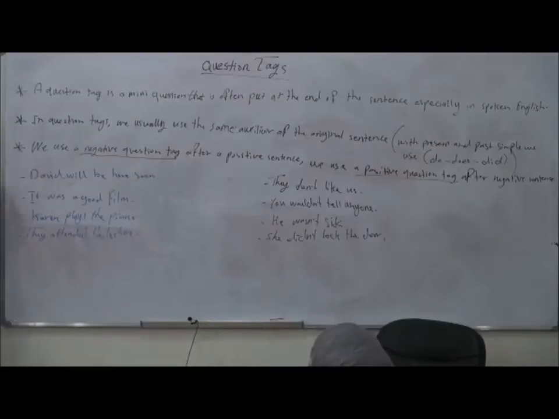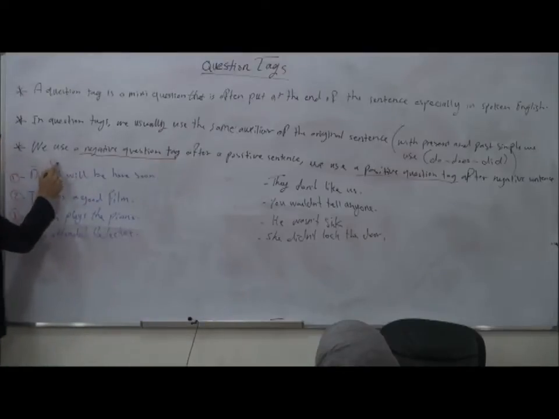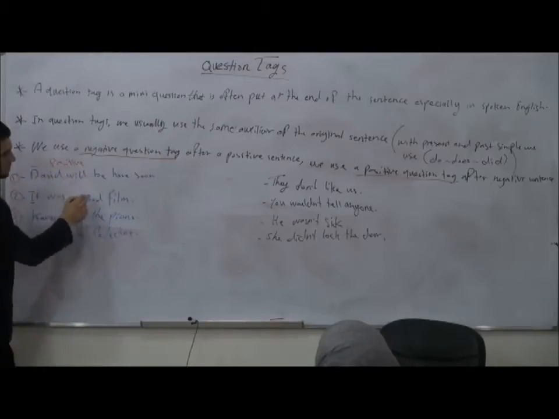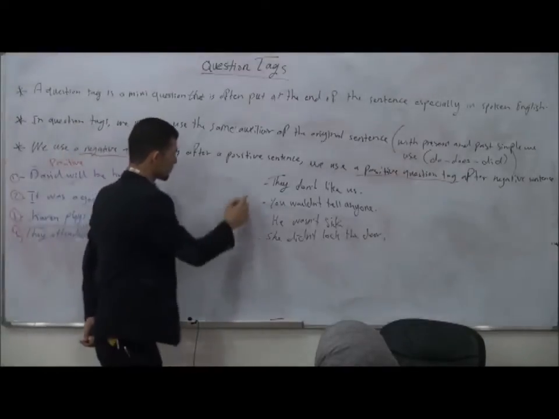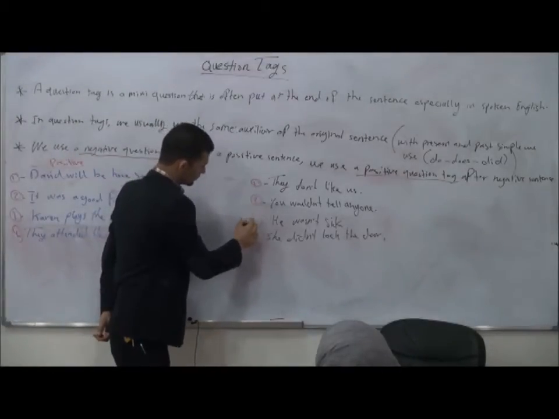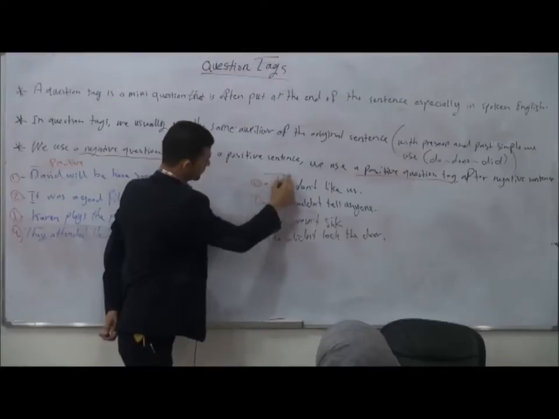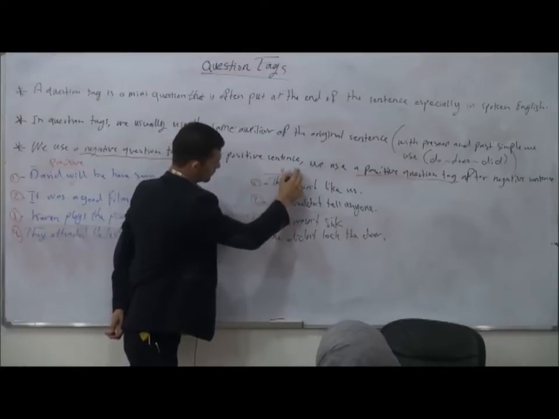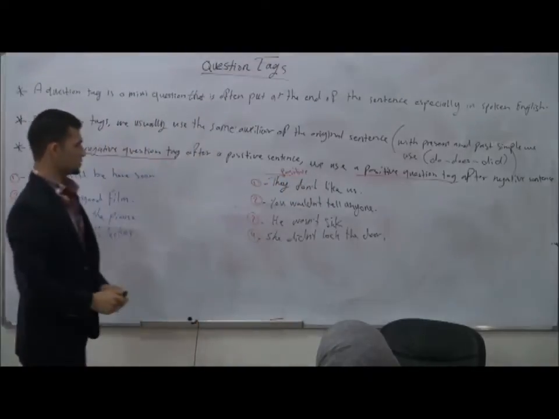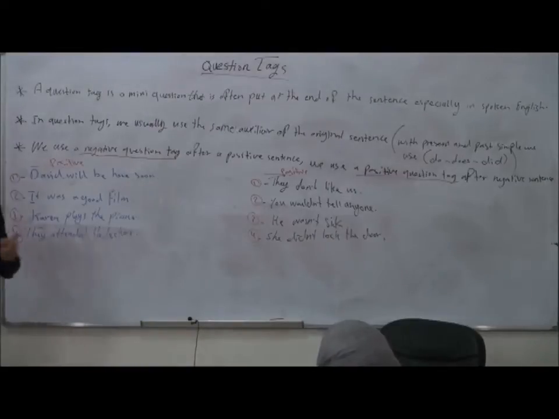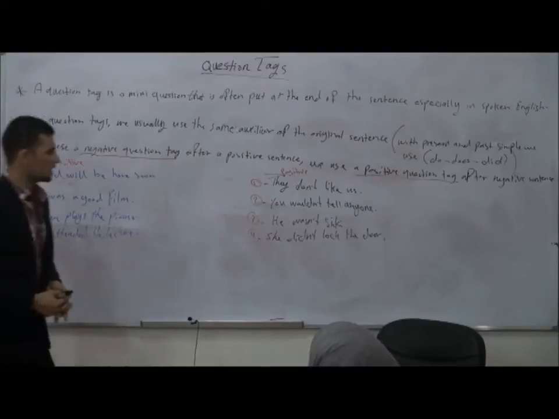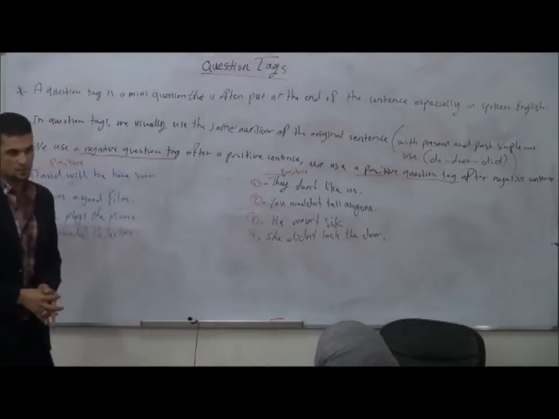We have 8 examples. Look, please. Pay attention. We have 2 columns, right? The column on the left has positive sentences, while the one on the right has negative sentences.